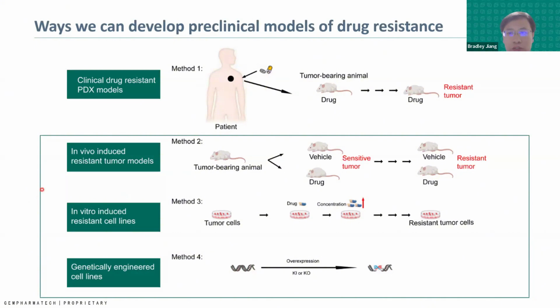We can obtain drug-resistant cell lines by in vitro induction, and gene editing to introduce drug resistance mutations. By these ways, we have successfully established a variety of drug resistance models, especially ADC resistance models and anti-PD-1 resistance models.